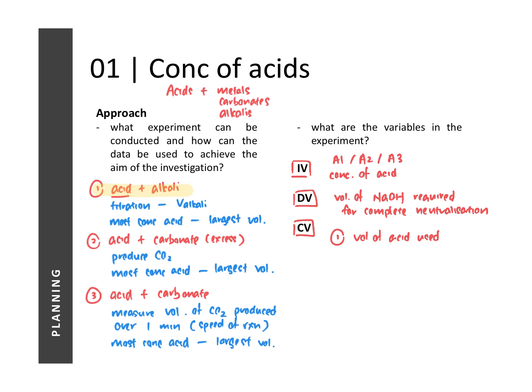In this case, if we are doing a titration, in each experiment we are pipetting 25 centimeter cube of A1, A2 and A3. So if the volume of acid used is kept constant, then the volume of alkali required would therefore tell us the concentration of the acid.